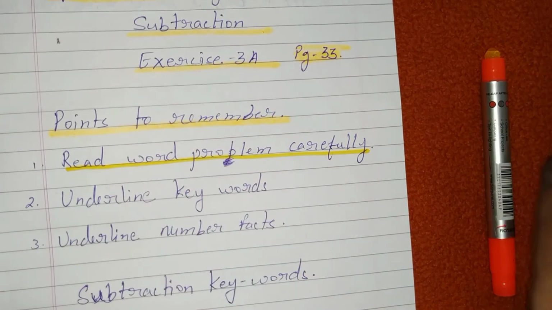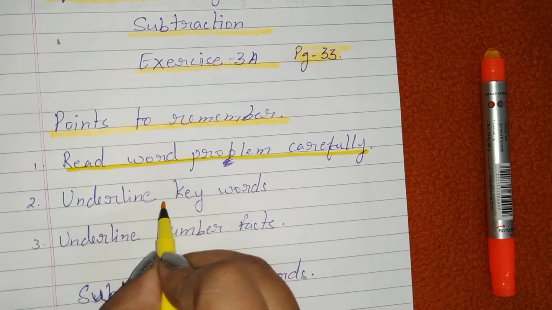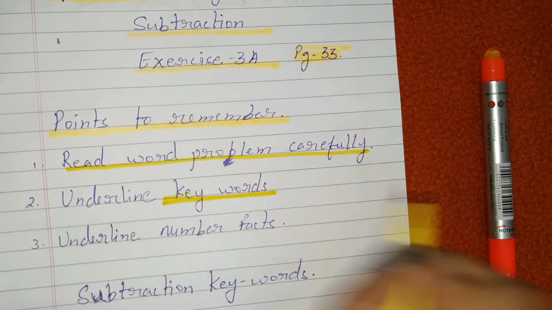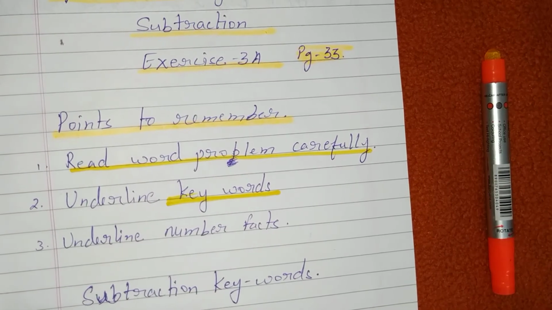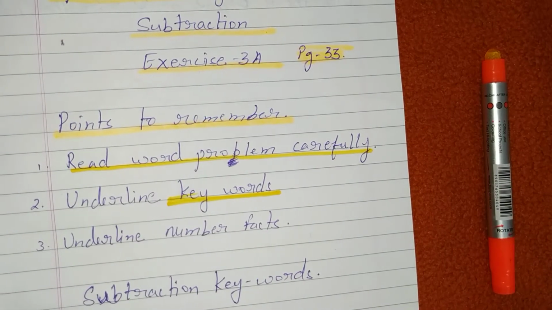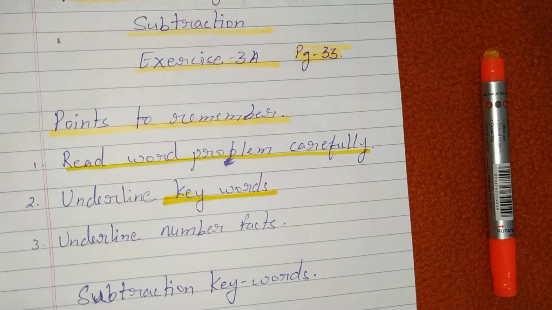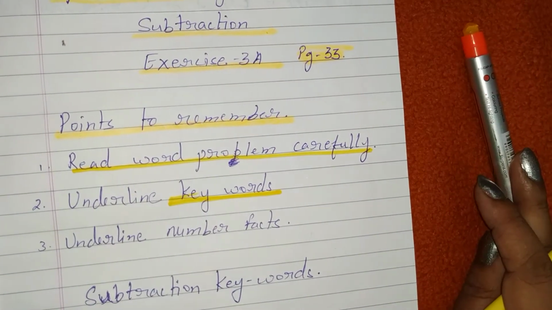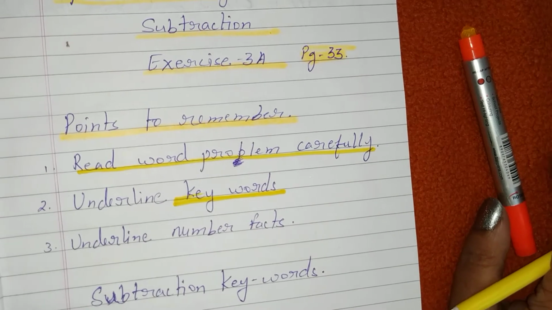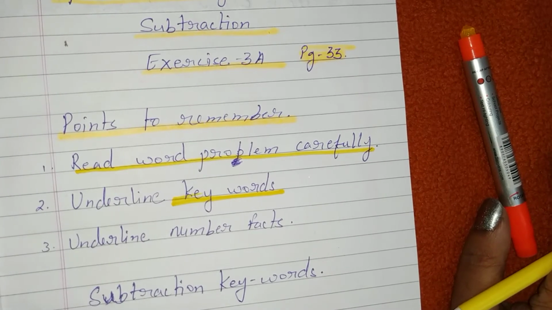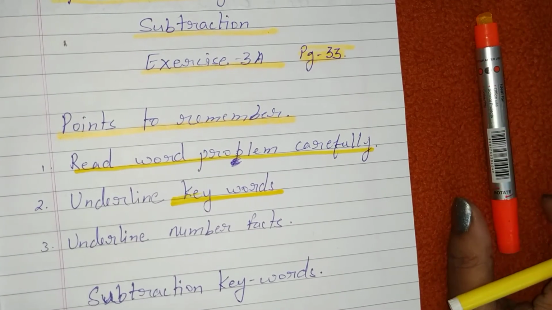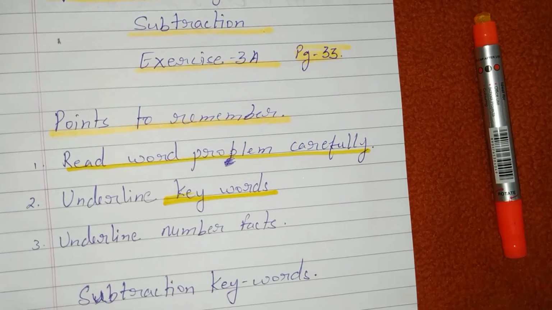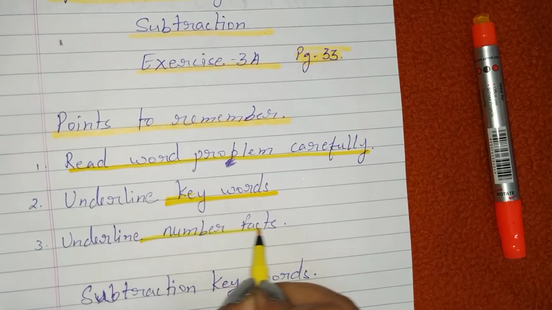Now, underline keywords. Why is it important to underline keywords? Because it helps you to know which application you are going to apply. Keywords will be telling you which application you are going to apply here. Is it clear? And then number facts.